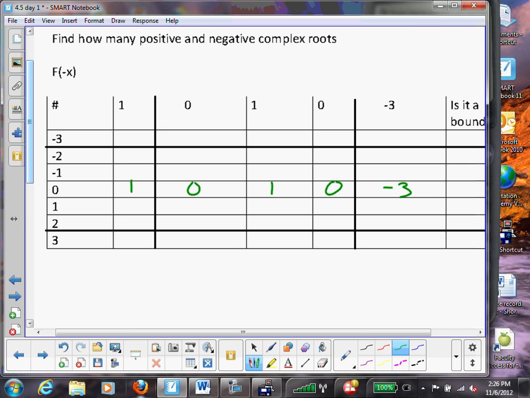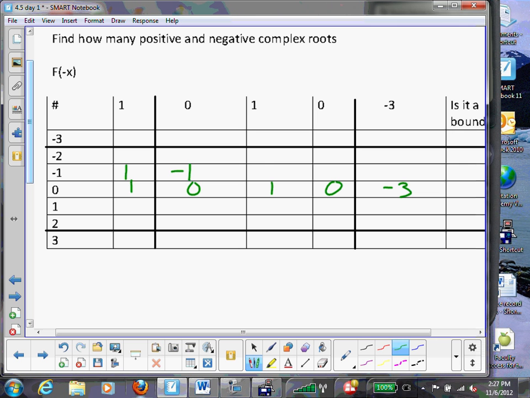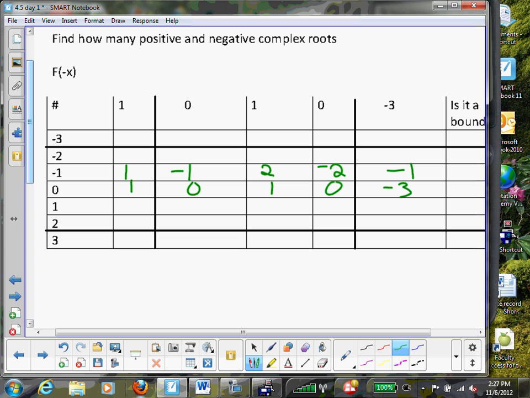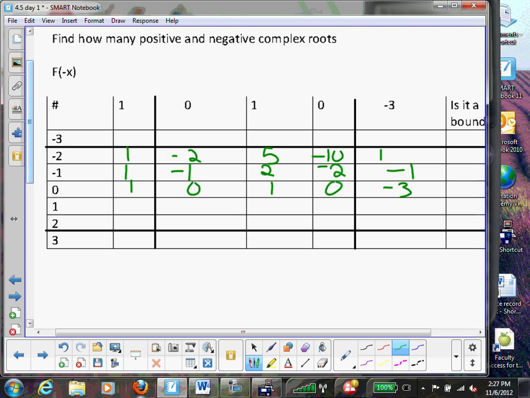Okay, so let's find our lower bound. 1, -1, 2, -2. What do I get here? -1. Not looking too good, is it? How about -2? We get 1, -2, 5, -10, 17.